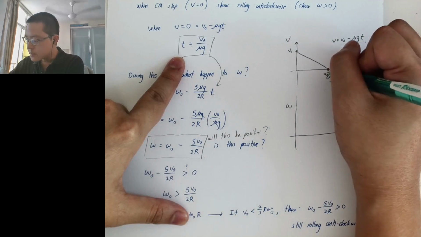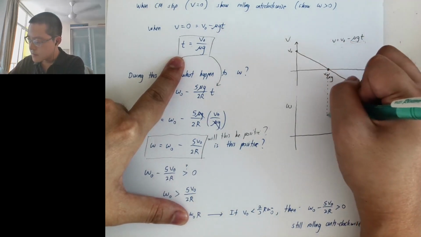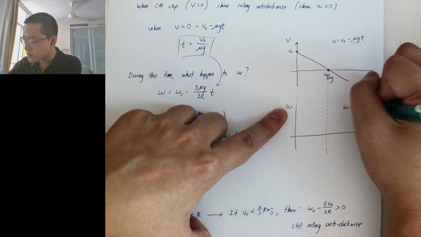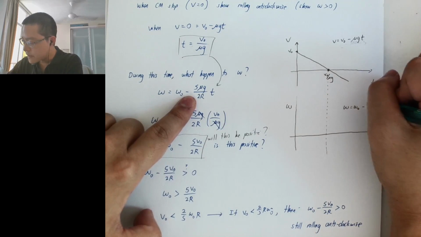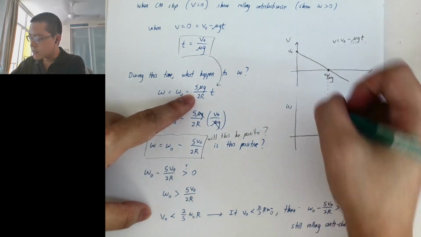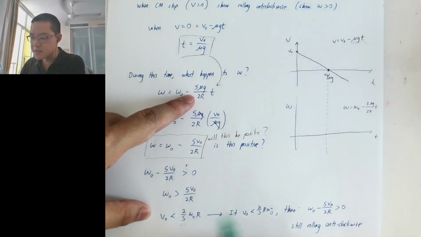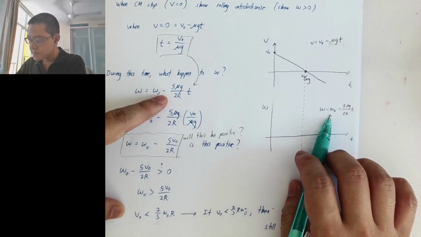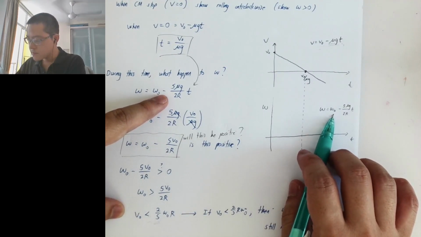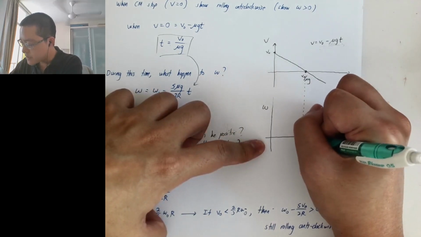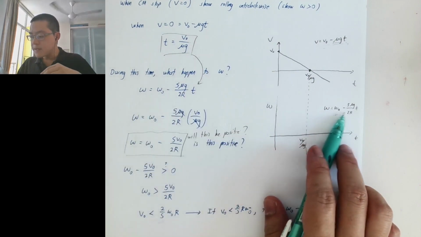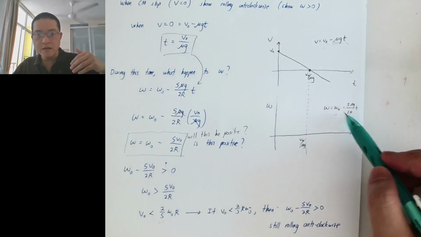Now let's see what happens here. On this graph, we are supposed to plot omega as omega 0 minus 5 mu G over 2R times T. Basically, we have shown that this is still positive. Let's see what happens at V0 over mu G. This graph's slope depends on mu G and R and omega 0.